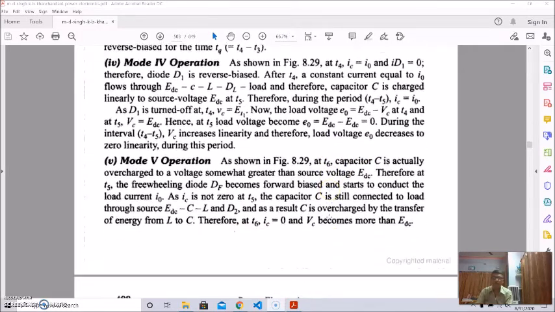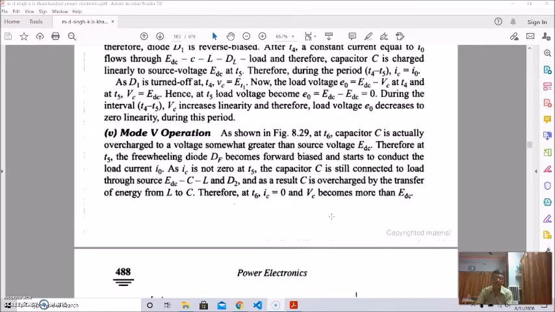And at mode 5 operation, as shown, at T6 capacitor C is overcharged to a voltage somewhat greater than source voltage EDC, and therefore at T5 the freewheeling diode DF becomes forward biased and starts to conduct the load current I0, that is output current.